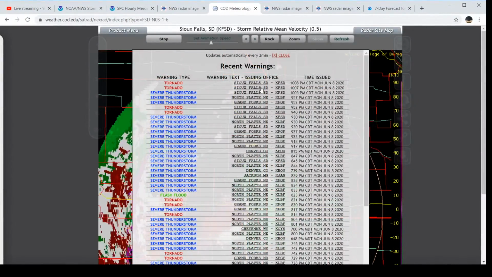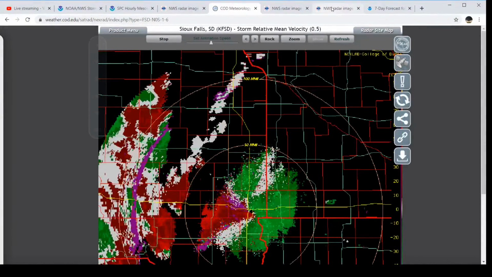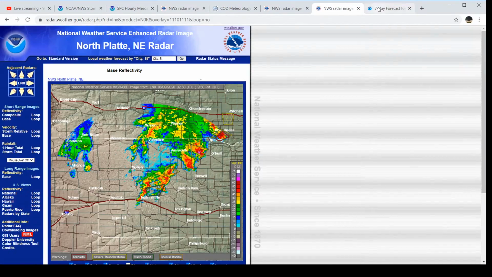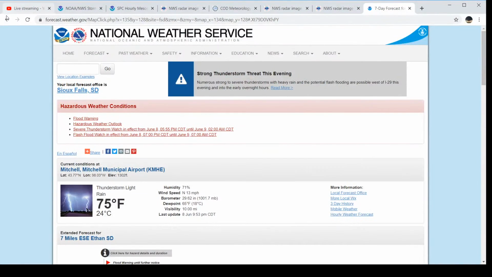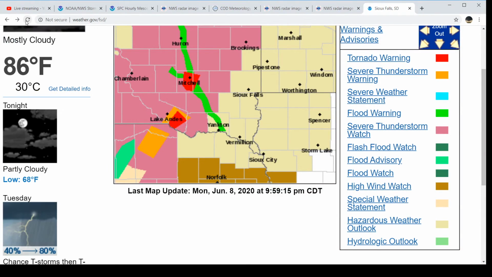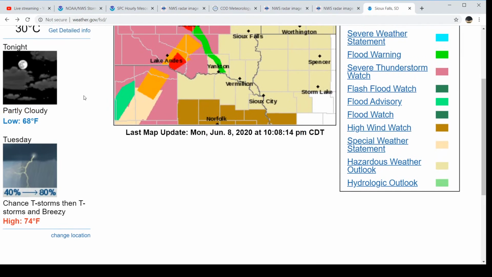Oh, tornado. So they probably expanded one of the... Oops. Let me see which one it was.